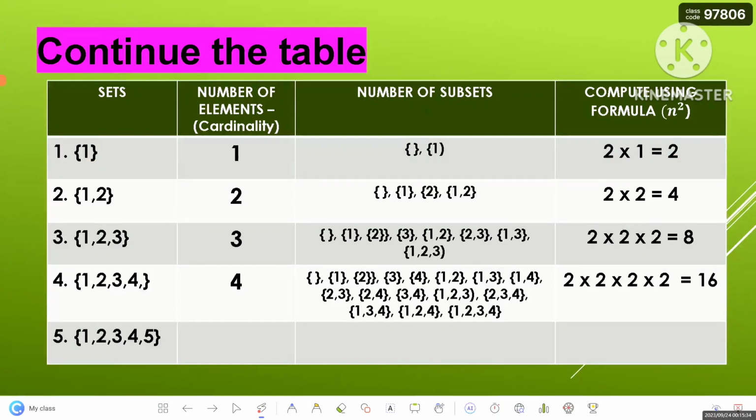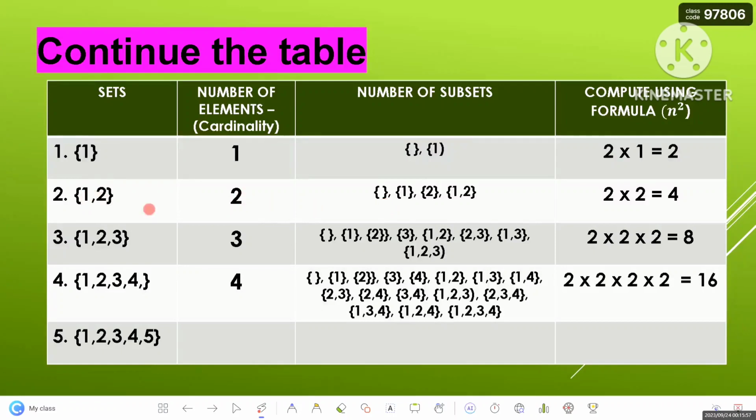Let's have another example, number 2. Set 1 and 2. Ilang elements mayroon? So we have 2 elements. Now, since 2 elements yan, bilangin natin ang subset nila. Pag tinakpan mo yung 1 and 2, lalabas si empty set.